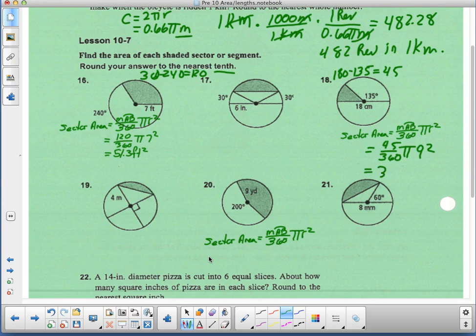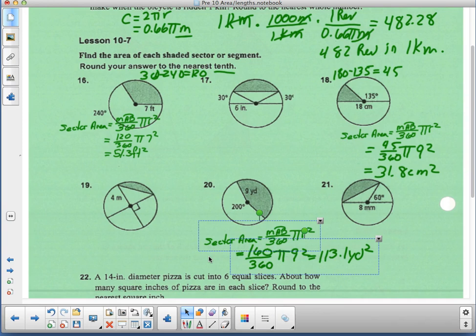And that's 31.8 centimeters squared. Here, I've got 200, so I got 160 over 360 pi, again, 9 squared. And that'll be 113.1 yards squared.